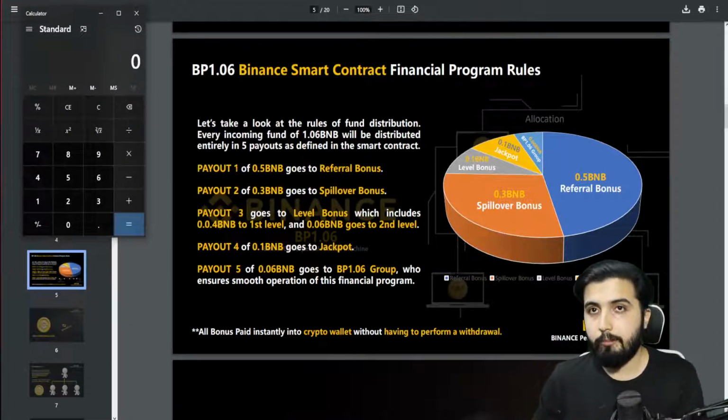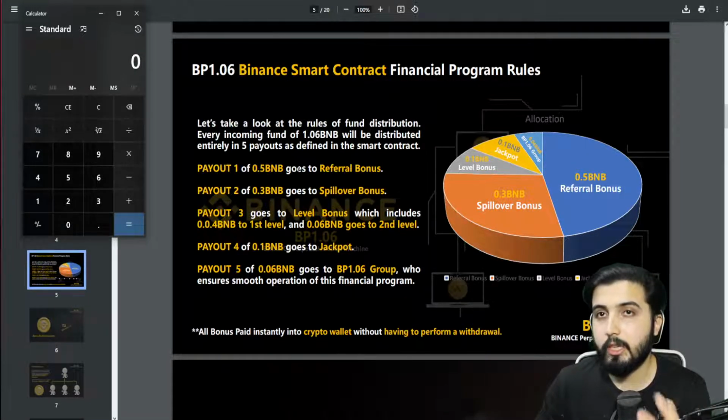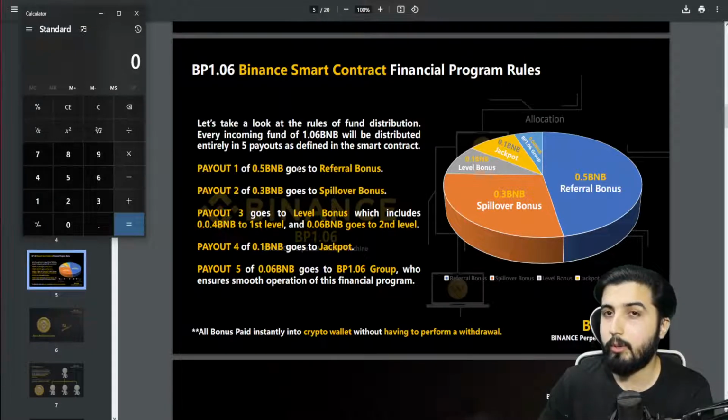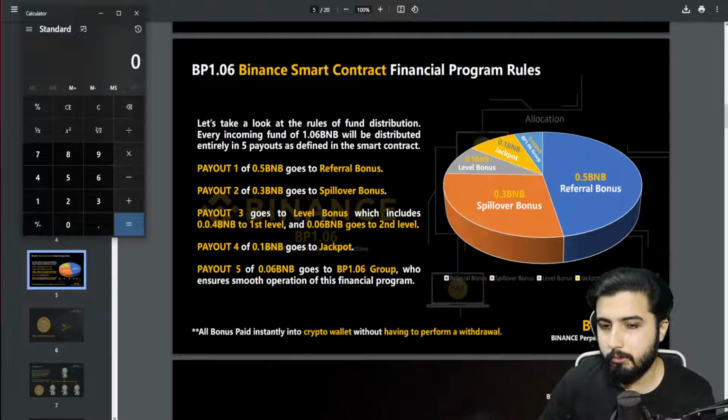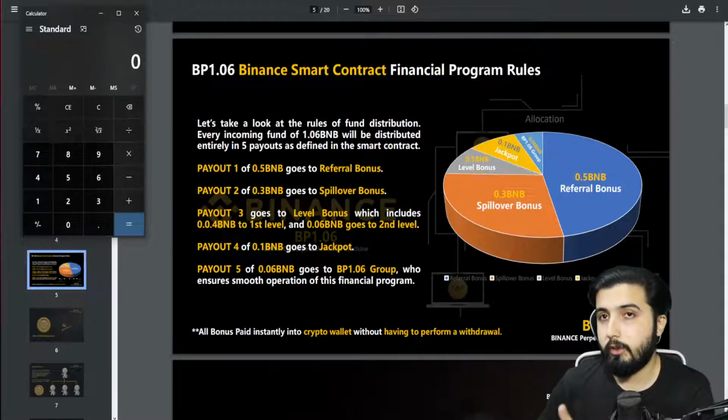So the payout 1 from the 1.06 BNB, 0.5 BNB, goes to the referral bonus. And moving forth, we are going to talk about where the referral bonus goes to. So 0.5 BNB is almost 53-55% of the initial deposit that goes to the referral bonus.